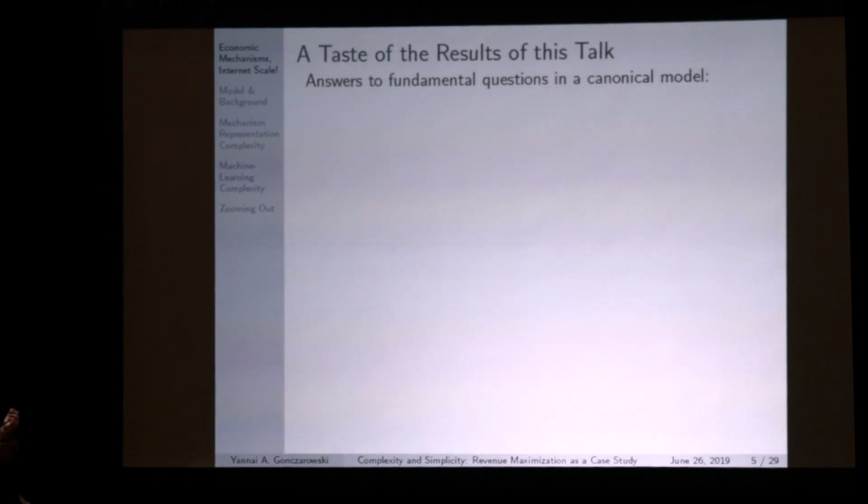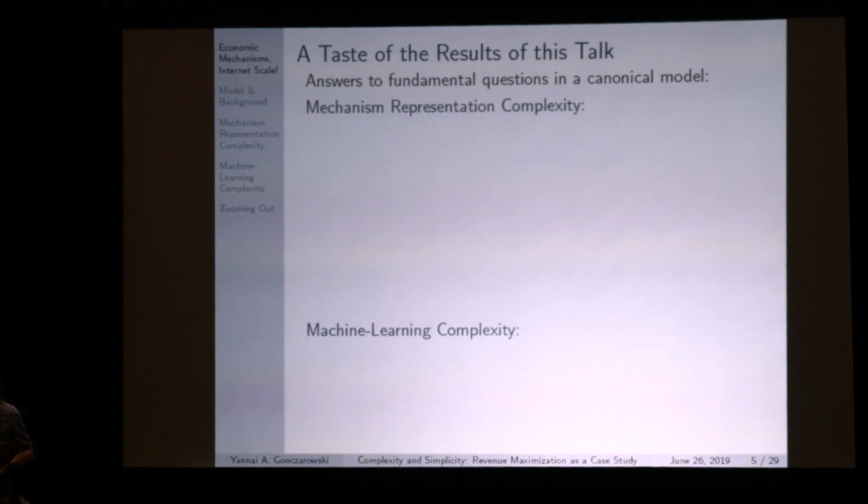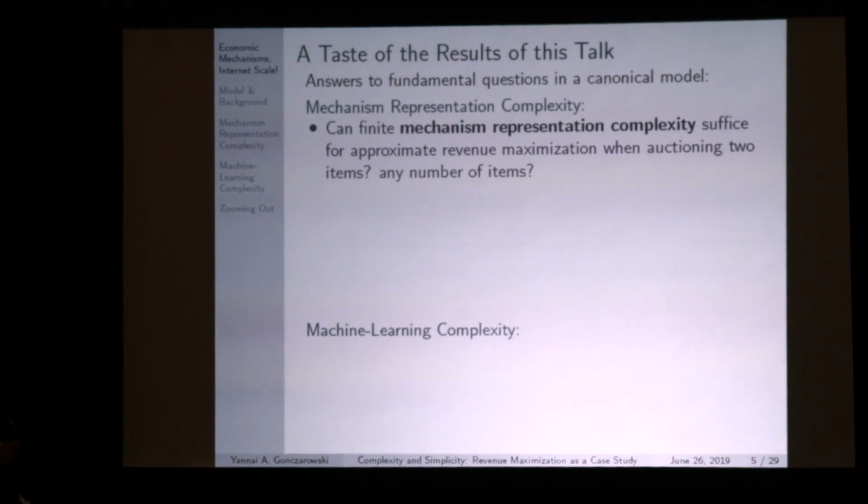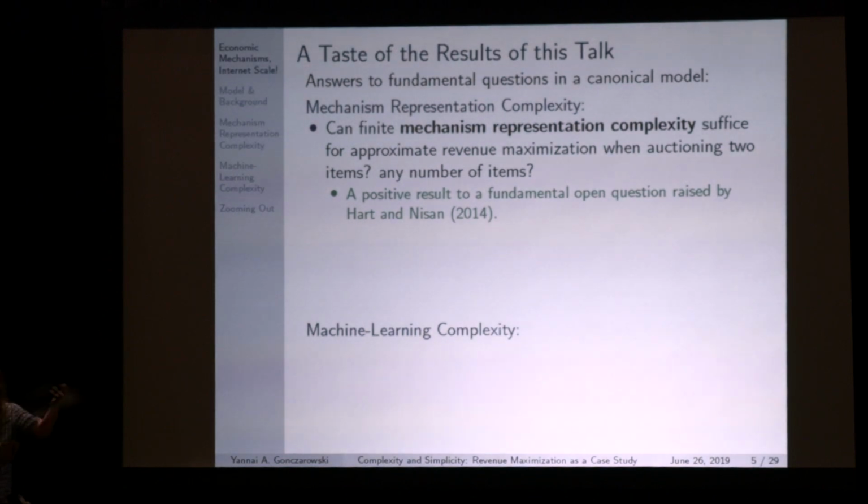So just to give a taste of the results that I'm going to talk about, all of them are going to be in canonical models. So for mechanism representation complexity, we're going to ask, can a finite mechanism representation complexity suffice for approximate revenue maximization when auctioning two items or any number of items? We're going to give a positive result to a fundamental open question raised by Sergiu Hart and Noam Nisan, my great advisors.